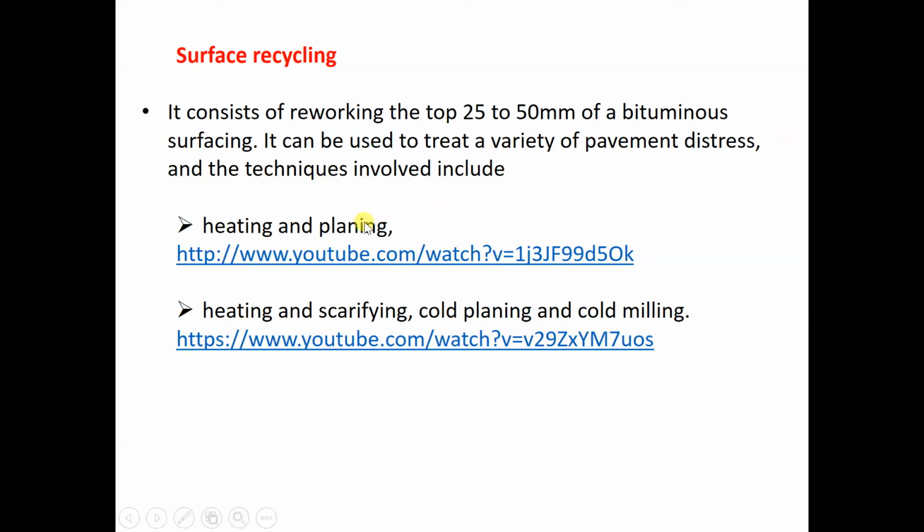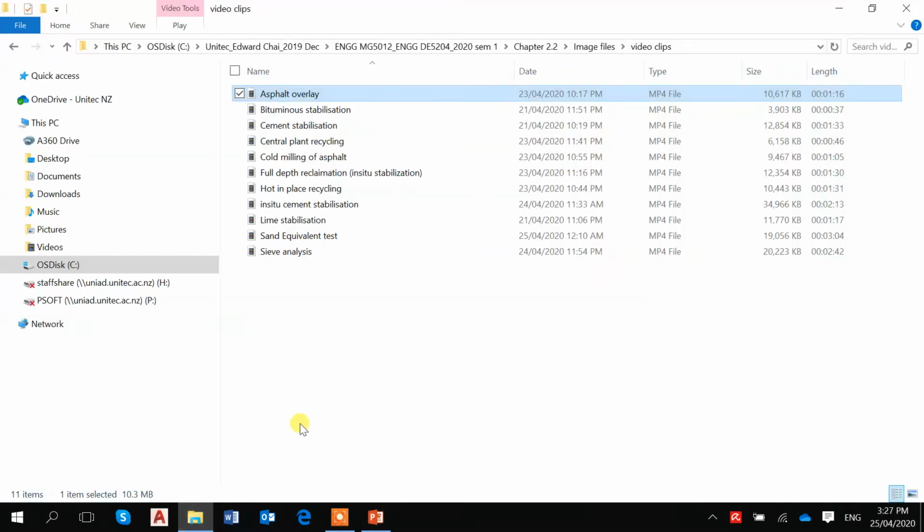We could have two methods to do it. One is heating and planing, and secondly heating and scarifying, cold planing or cold milling. Okay, so we look at the heating and planing, the in situ surface recycling. So we look at the video on that.